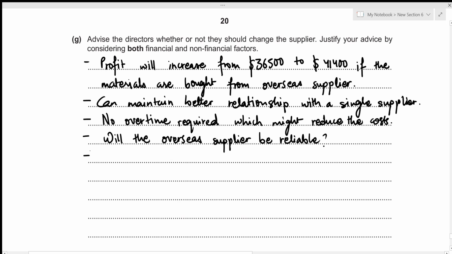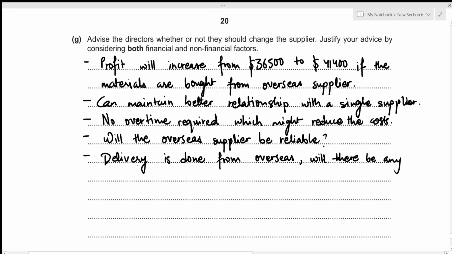So can there be any sort of supply problems? We do not know that yet, right? So that can be a major disadvantage. So delivery is done from overseas. Will there be any supply problems?